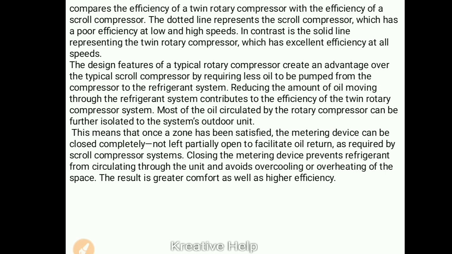So compare the efficiency of the twin rotary compressor with the efficiency of the scroll compressor.